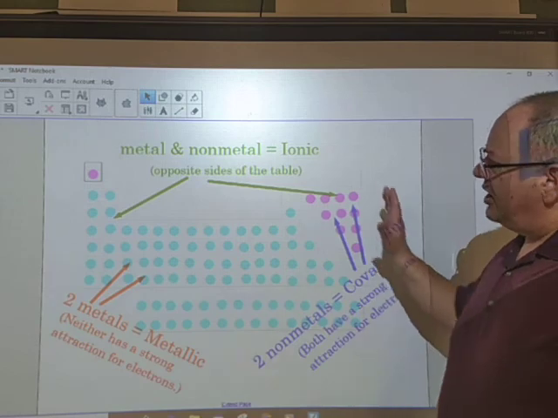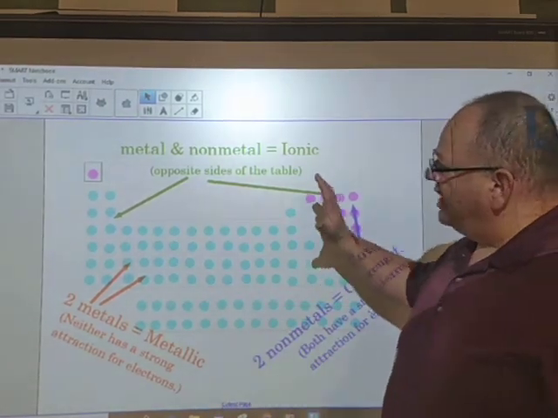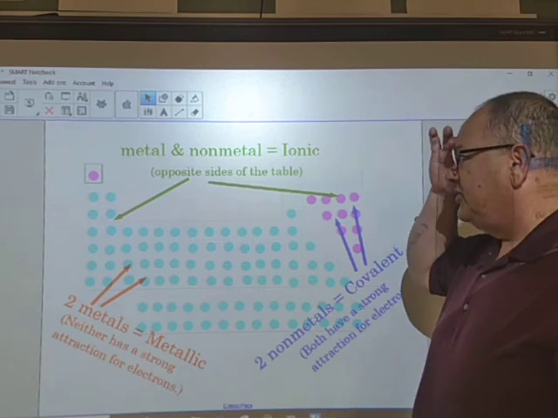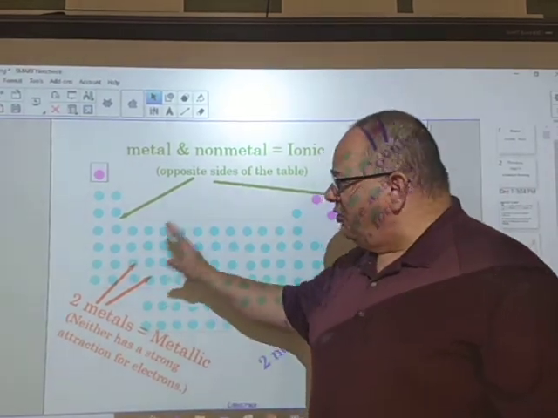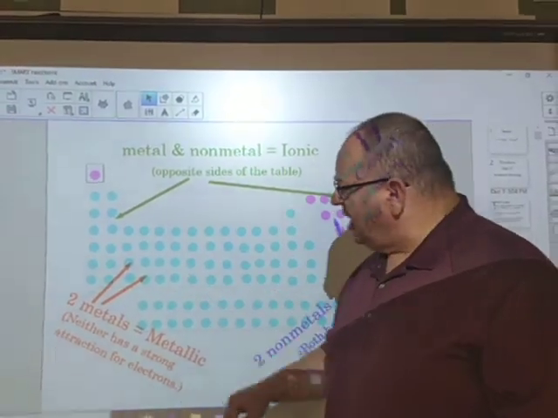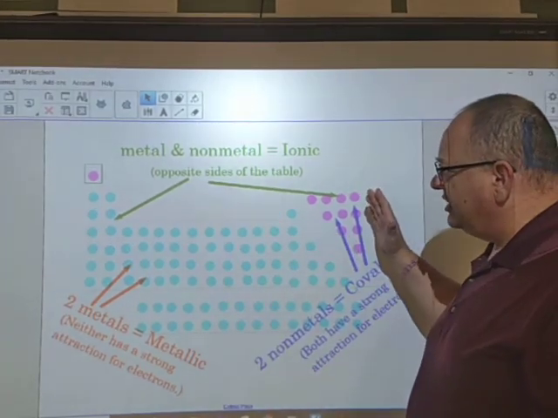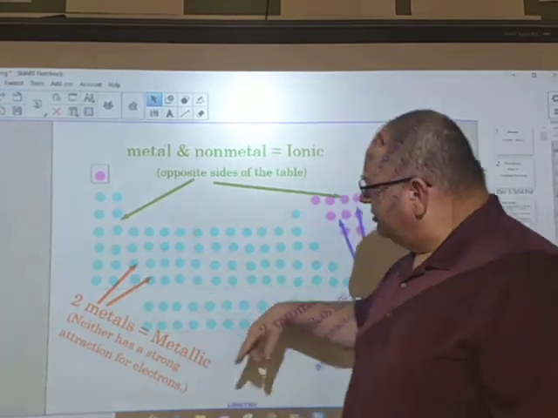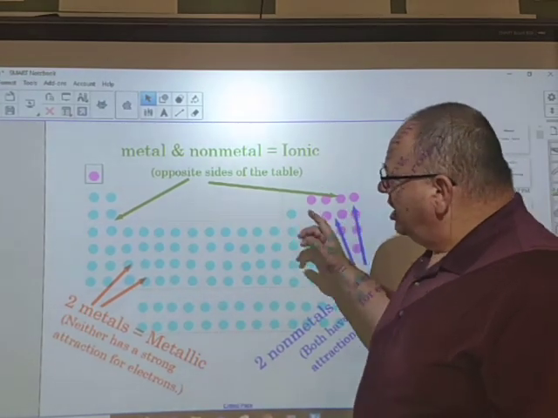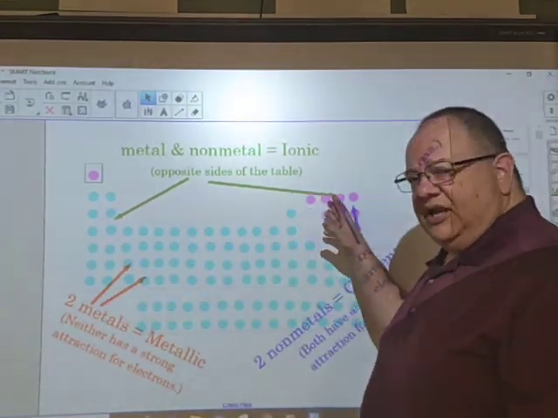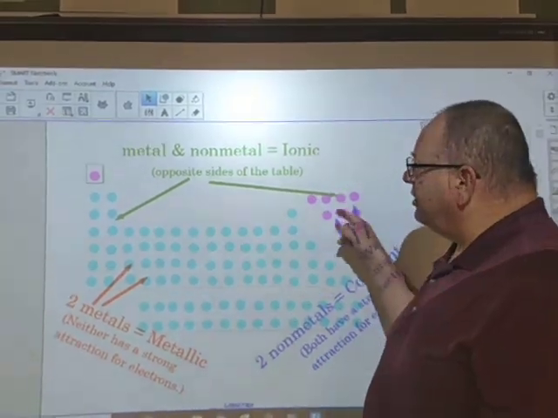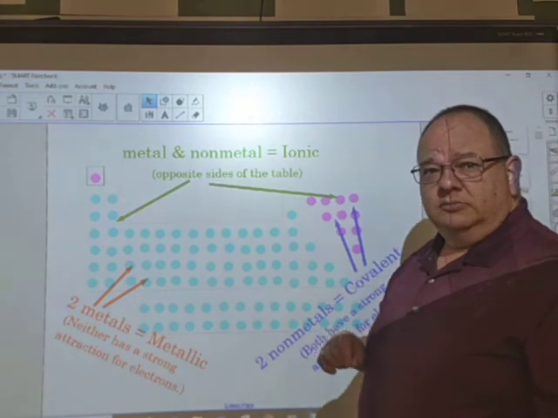So let's think about our table. And you know that we've got metals and we've got nonmetals. And metals tend to have low electronegativity, and nonmetals tend to have high electronegativity. So in the last chapter, if we put a metal together with a nonmetal, opposite sides of the table, there's a big difference in electronegativity, and so we got a transfer, and we got ionic bonding.